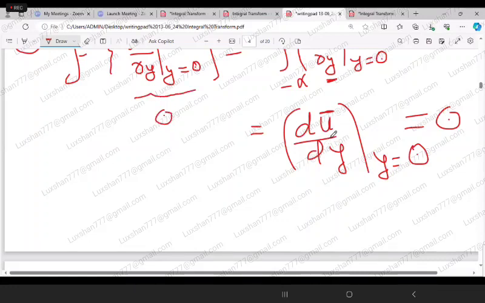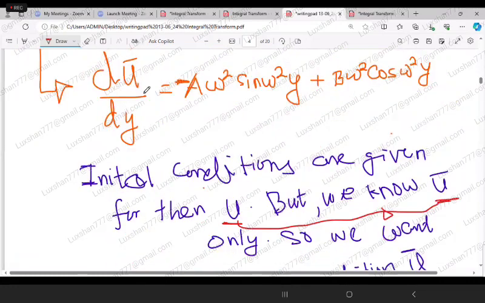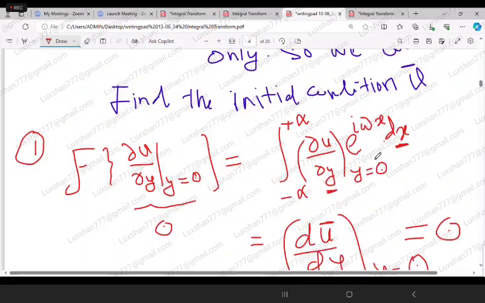So that means du bar over dy equals 0 when y equals 0.